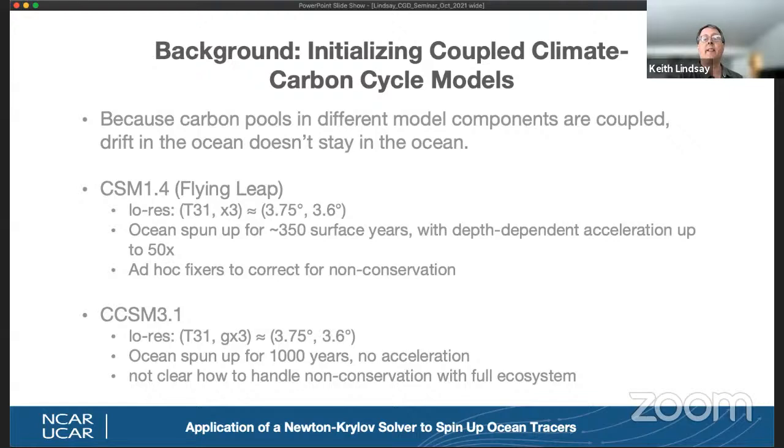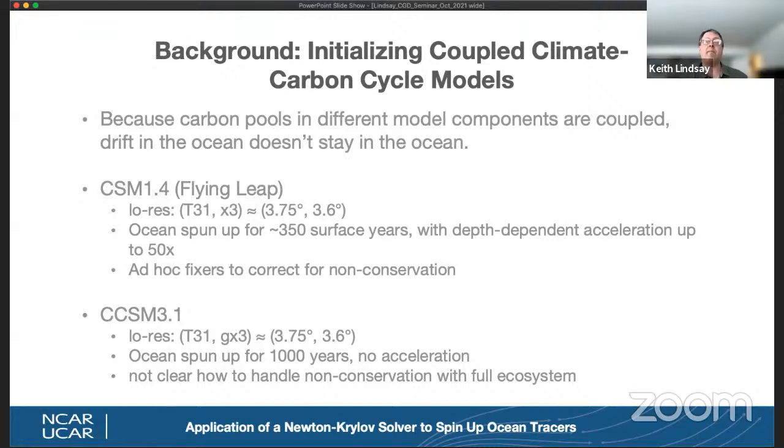And so this helped a lot with being able to do a spin up because the model was cheaper. And we also used what's known as a depth-dependent acceleration. So the ocean model takes longer time steps at depth than it does in the surface. And we ran that model for 350 surface years, and we're accelerating the deep. So that was over 10,000 years in the deep. And so this spun up pretty well.